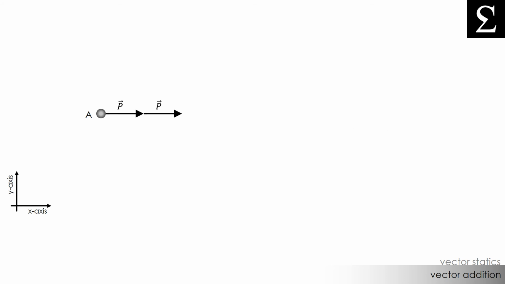This would give us a new vector of 2p, which is simply the addition of two original p vectors. This 2p vector means that the force being exerted on this particle A is twice as much as the original p force and in the same direction. In other words, the new force being exerted on particle A is now 4 newtons instead of 2 newtons, and it's acting to the right.